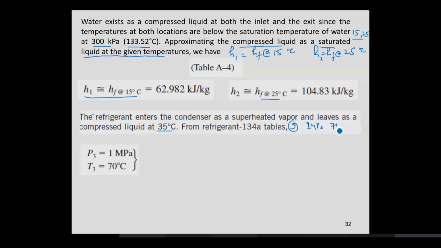For this condition, if you go and find the properties in the table for the refrigerant, you'll see that these conditions fall in the superheated region for R134a. So you'll use table A-13, which is the superheated table for refrigerant R134a, and this would give you the h3 value to be 303.8.